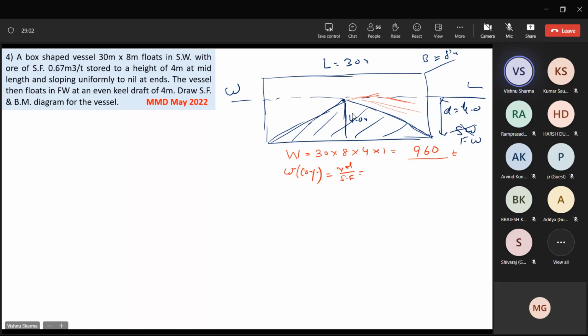What is the area of this triangle which is facing you? It is half, base 30 meters, height 4 meters. This area multiplied by the breadth 8 meters becomes the volume of the cargo, divided by stowage factor given as 0.67 gives you the weight of the cargo. How many tons does it come?